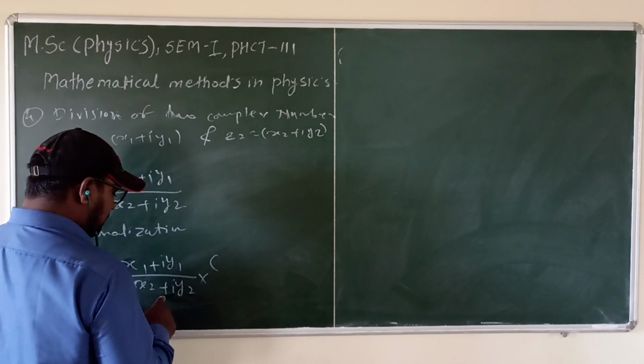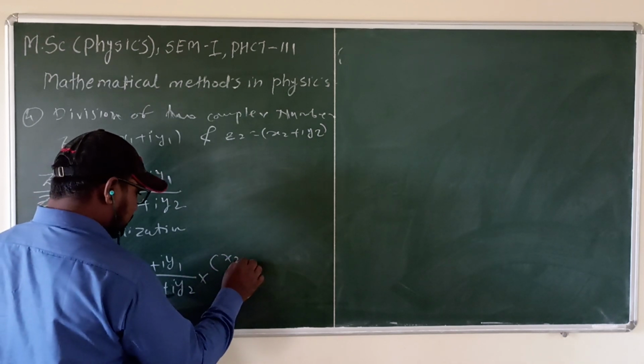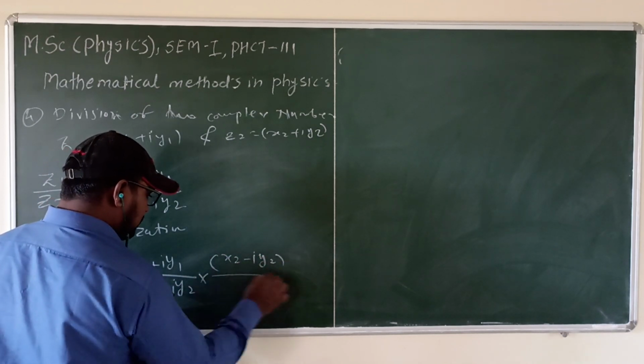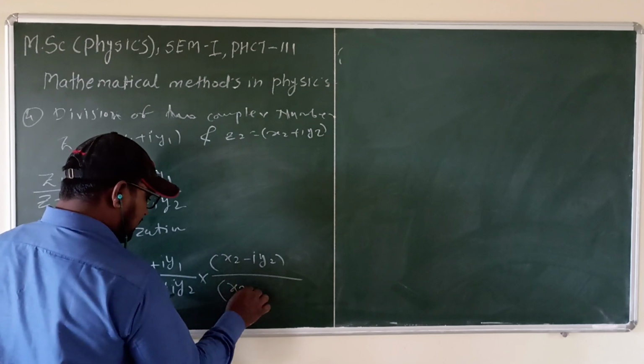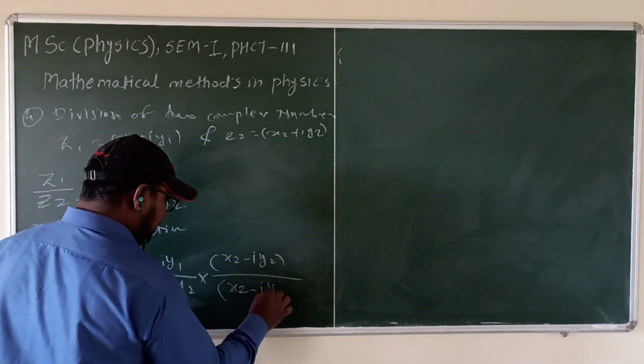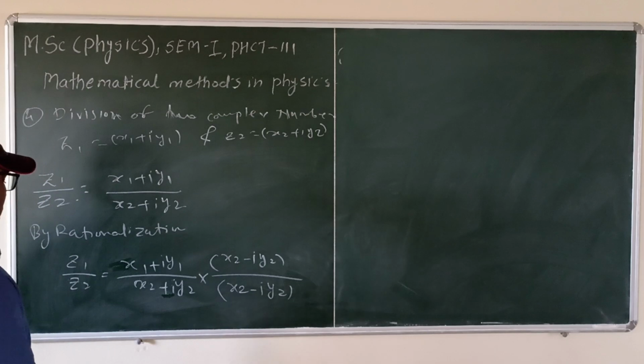So here is plus i, so this will come x2 minus i y2, and this is also divided by x2 minus i y2. Okay?